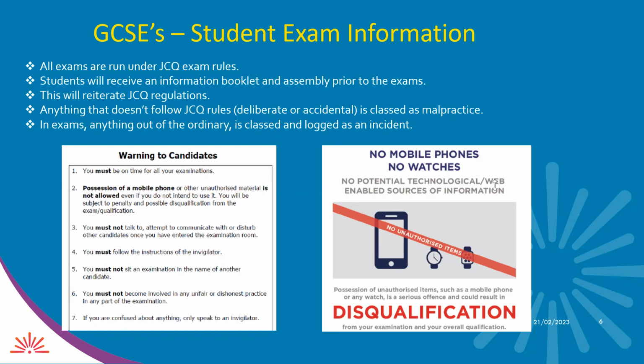It also means they cannot have watches or mobile phones turned off in a blazer pocket, even if they're not using it. And if an invigilator sees it, then the invigilator has to record it as an incident, and we have to inform the exam board, and the exam board will then investigate and make a decision about what happens.